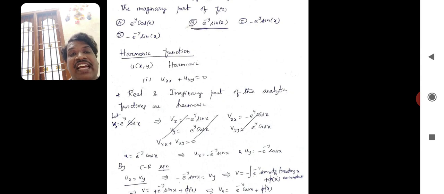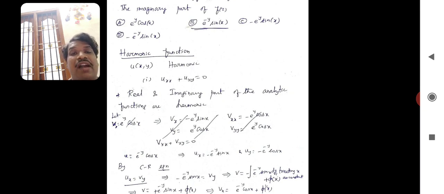Since we are dealing with an indefinite integral, that is, an integration which does not have any limit, I have to have an integrating constant. When I integrate with respect to y, the variable x is constant. Therefore, I am going to take the integrating constant as a function of x, phi of x.